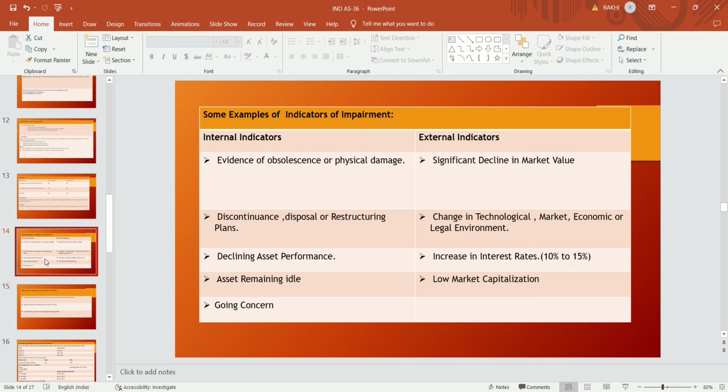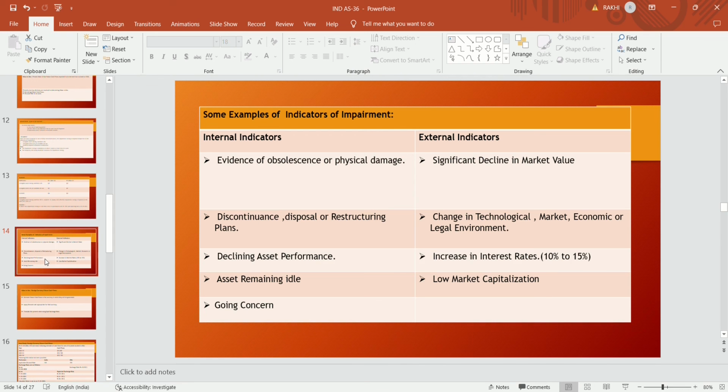Another is a change in technology, market, economic or legal environment. With the change of technology, the demand for the previous asset declines and the demand for the new asset rises. Due to change of technology, the demand for Maruti cars has gone down and the demand for Honda City is increasing.